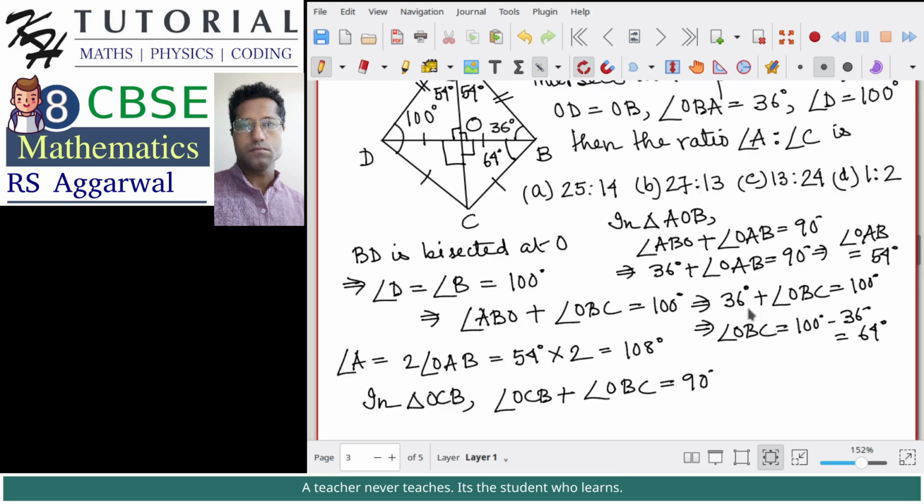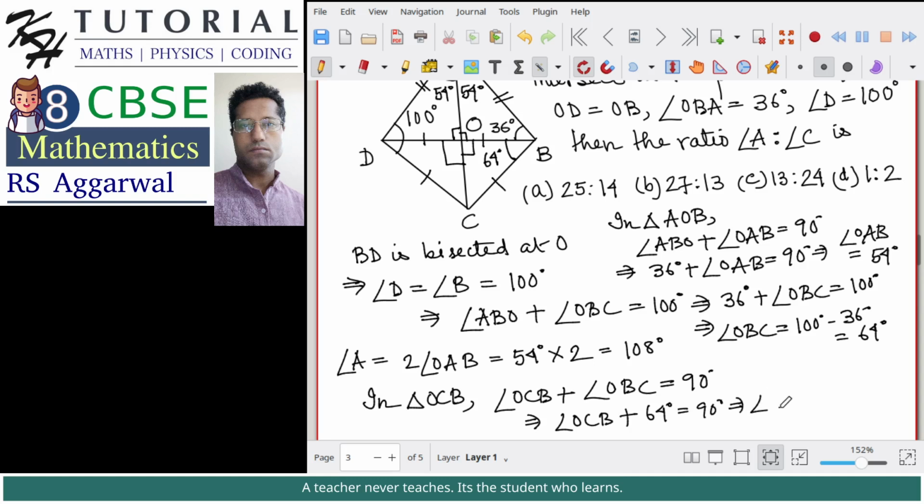In triangle OCB, angle BOC is 90 degrees, so the sum of the other two angles must be 90 degrees, because from the angle sum property of a triangle, the sum of all three angles is 180 degrees. So angle OCB plus angle OBC, where we have found OBC to be 64 degrees, is equal to 90 degrees.